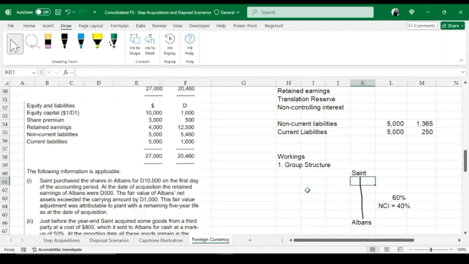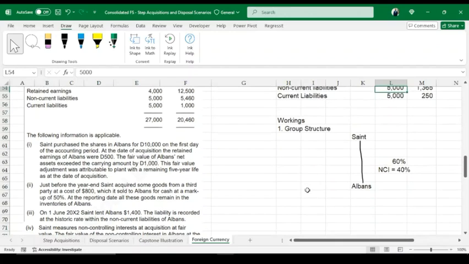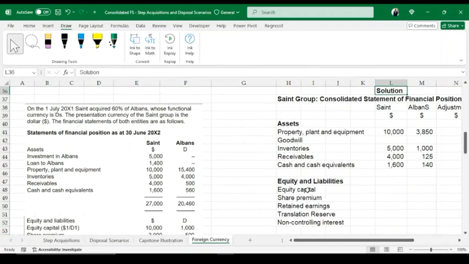And then we know that the acquisition date, the date we acquired Albans, was 1st July 20x1. So on 1st July 20x1, Saint acquired 60% of Albans, whose functional currency is different from the presentation currency of the group.